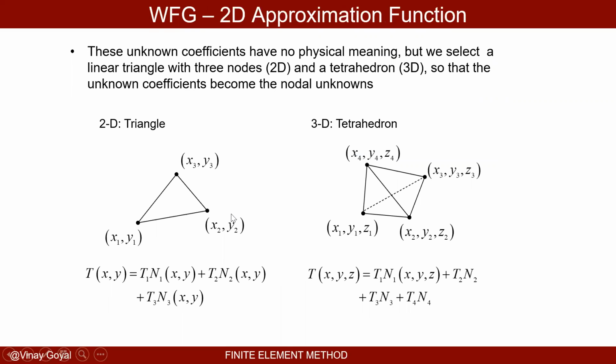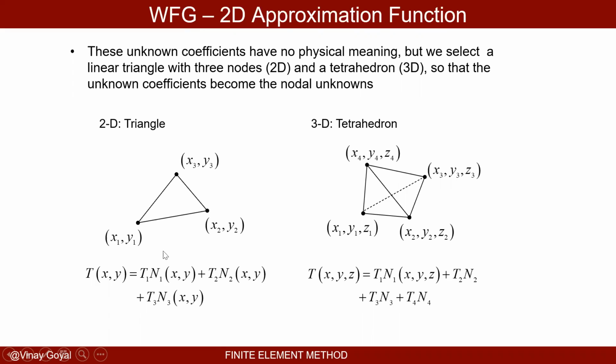So let's look at the 2D triangle element. We want the temperature to be T1 times N1 plus T2 times N2 plus T3 times N3. And the nodal unknowns here are going to be T1, T2, and T3. And we have to come up with these polynomials for N1, N2, and N3.